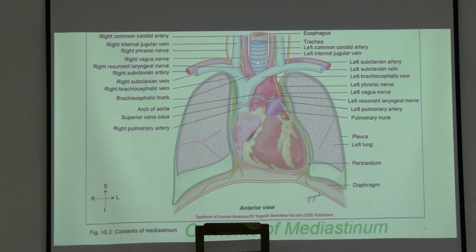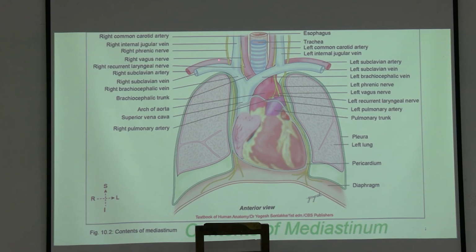This is called the common trunk, which is called the brachiocephalic trunk. You can see it here. The brachiocephalic trunk divides into this artery, which is going towards the head, neck and brain region, which is called the right common carotid. And this one is going towards the upper limb.